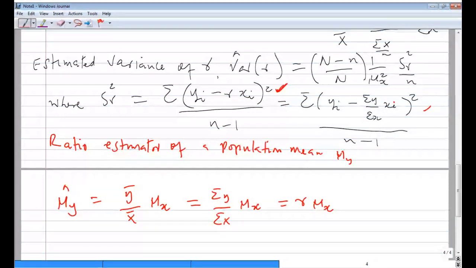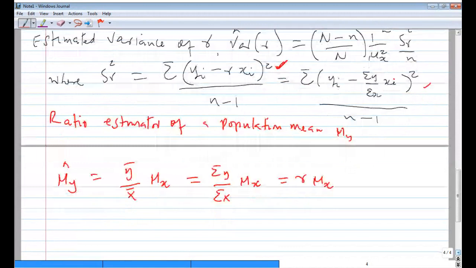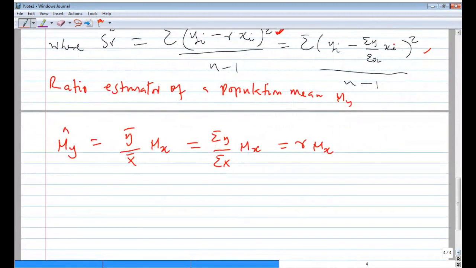So it's when you want to estimate the population mean under ratio estimation. That's why we call it a ratio estimator of the population mean, mu y. Now, what about the estimated variance of that estimator? The estimated variance of the estimated population mean under ratio estimation, in other words, of mu y.